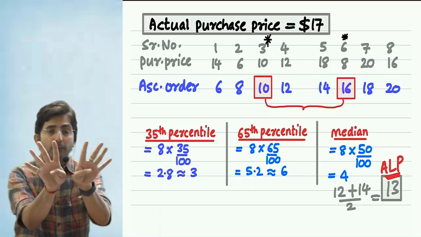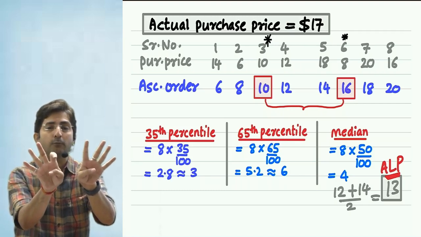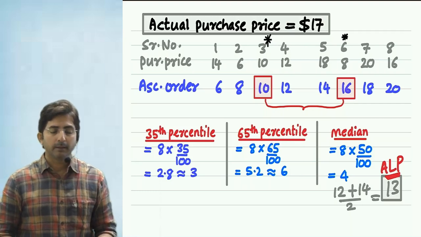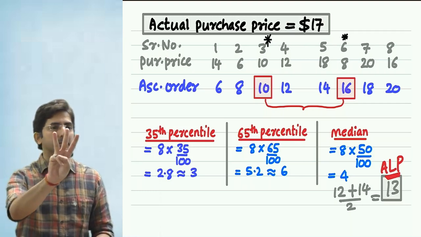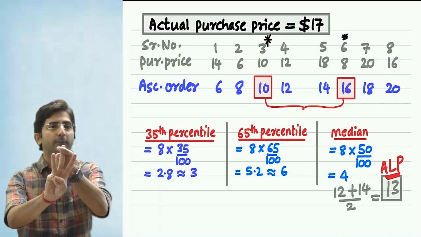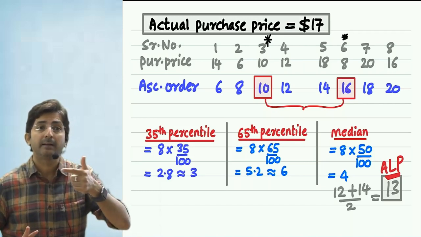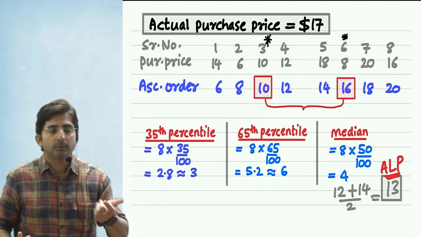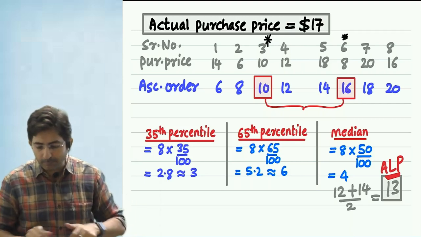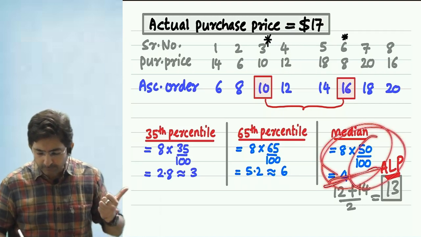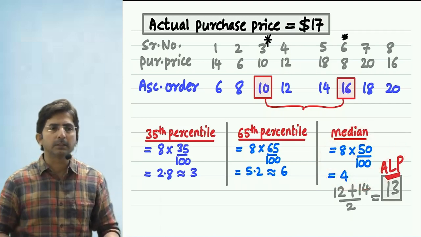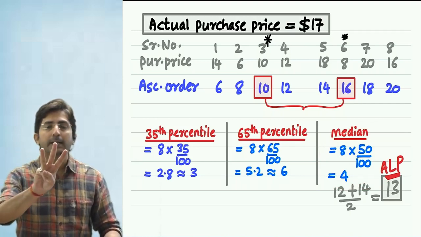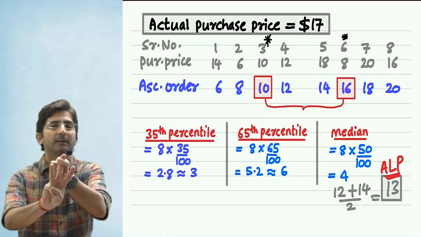The center of 8 items is neither 4 nor 5. It is in between that. Okay, tell me, what is the center of 3 fingers? Second finger. How did you get this? 50% of 3 is 1.5, and 1.5, what is the next number? 2. So the center of 3 fingers is the second finger.